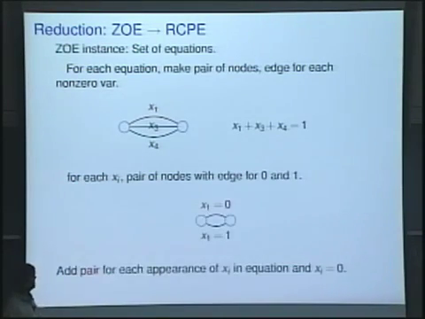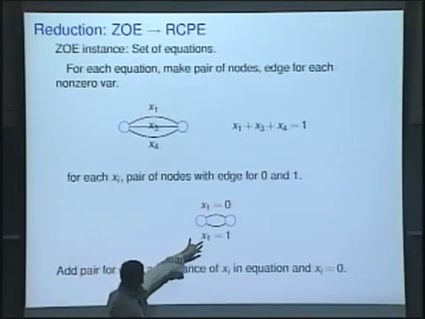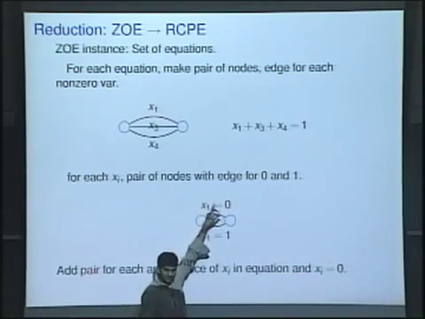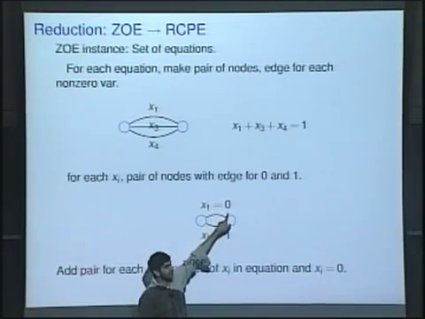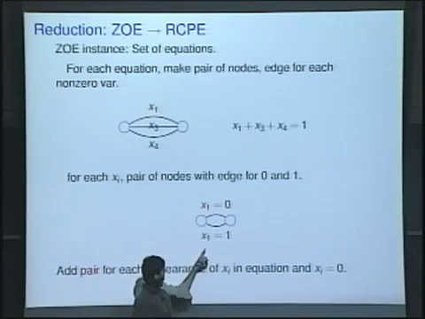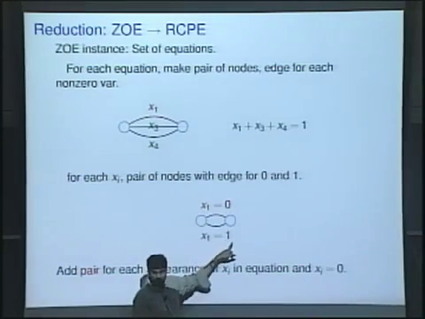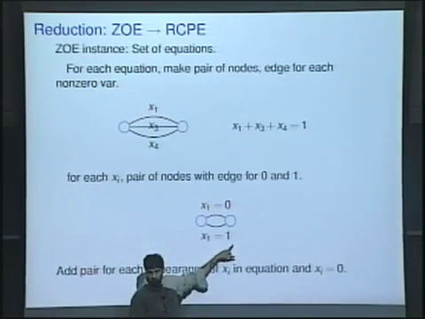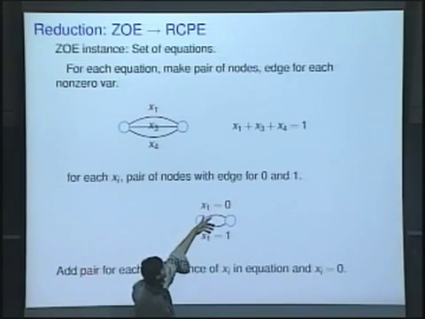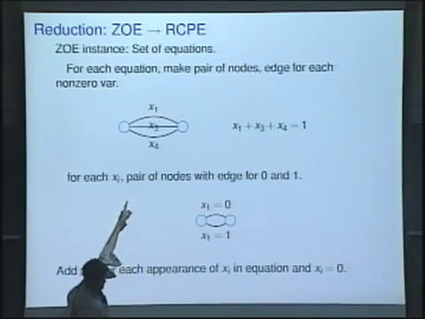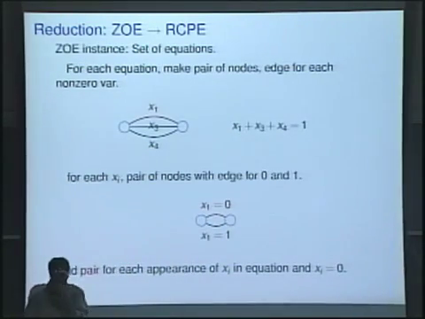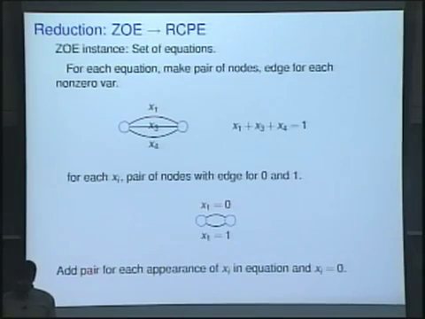So I'm going to have a pair of edges, one of which corresponds to xi equals 0, and another that corresponds to xi equals 1. For every variable, I introduce this kind of gadget, and then that kind of gadget. And now I need to connect them up into a graph.